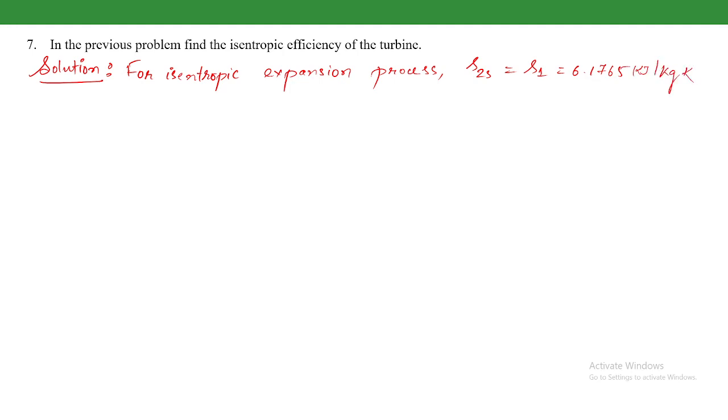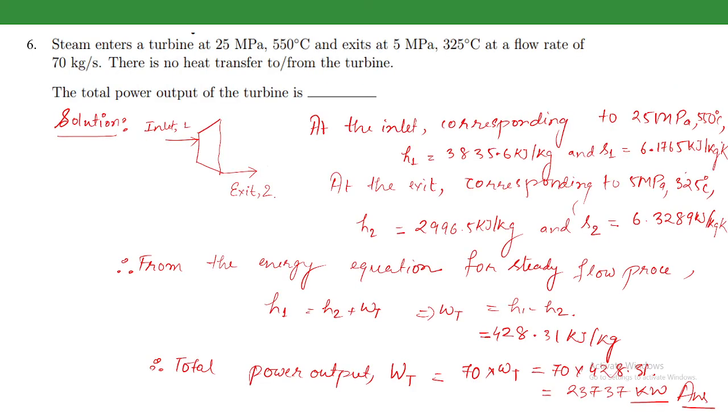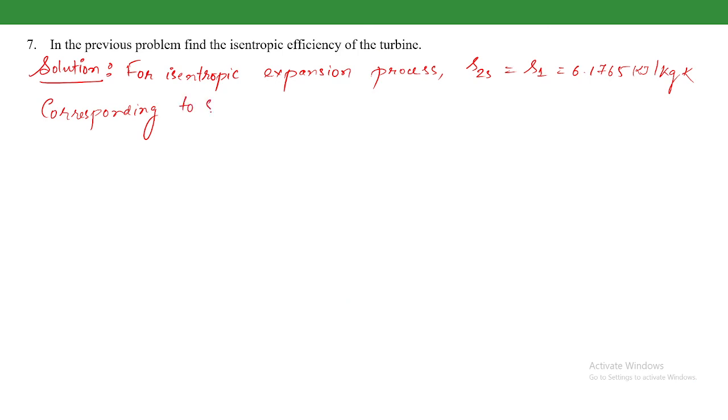So corresponding to 5 megapascal, where 5 megapascal is the original exit state, when the entropy is 5.9714 kilojoule per kg Kelvin, the enthalpy is 2796.74 kilojoule per kg.